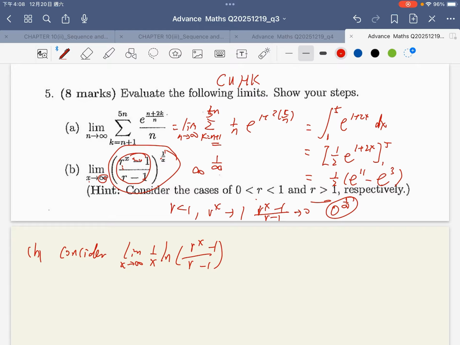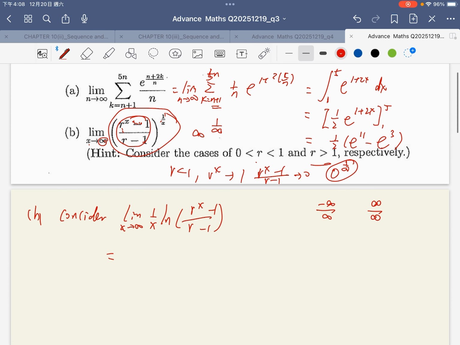This is indeterminate because in both cases, they are either negative infinity over infinity or infinity over infinity. For r less than 1, it is negative infinity over infinity. For r greater than 1, it is infinity over infinity. Both cases are indeterminate forms.